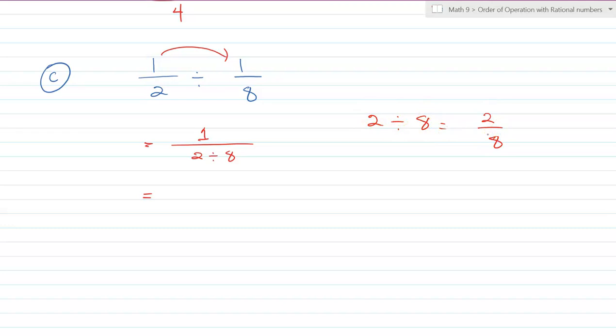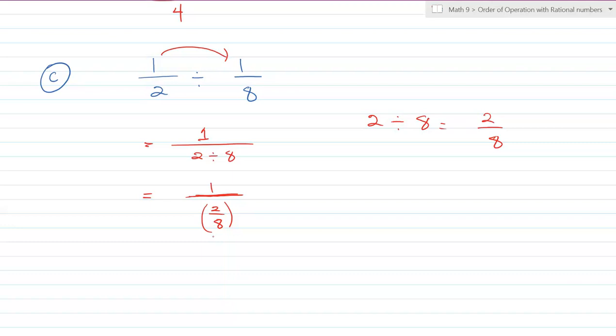You can simplify it, but notice that it's going to get really complicated. So basically, what you have is this ugly thing: 1 divided by 2 over 8. That doesn't look very happy.